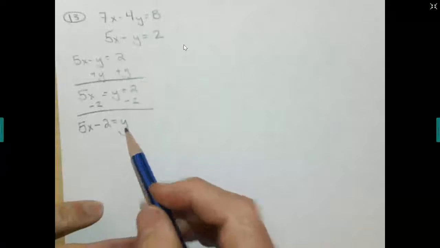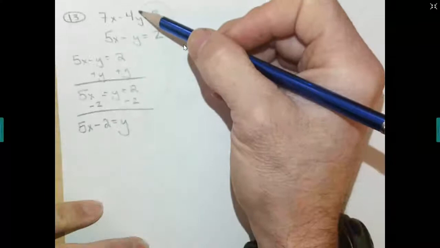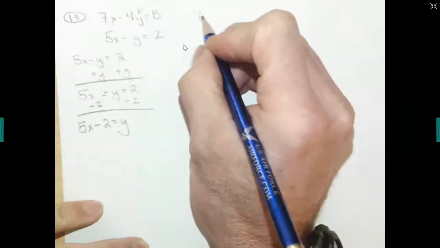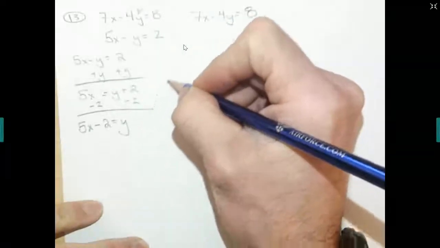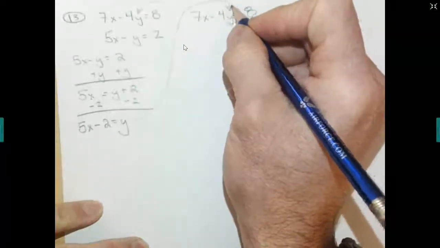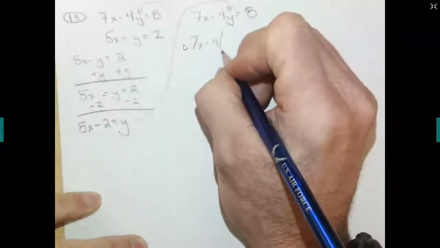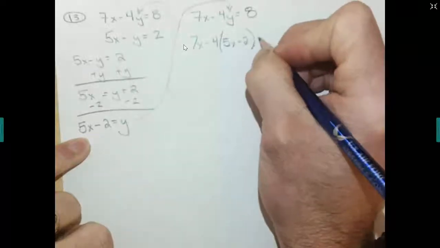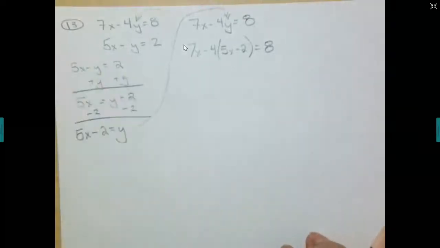So now I have my y independent, and what I'm going to do is plug this into my other equation. So 7x minus 4y equals 8. So if I plug this in here, I get 7x minus 4 times 5x minus 2 equals 8. Yeah, this doesn't look super clear.